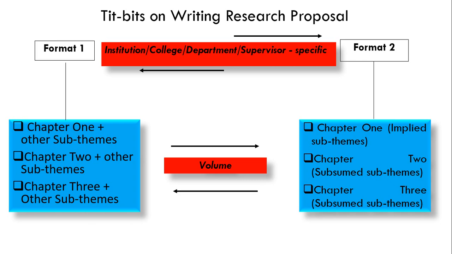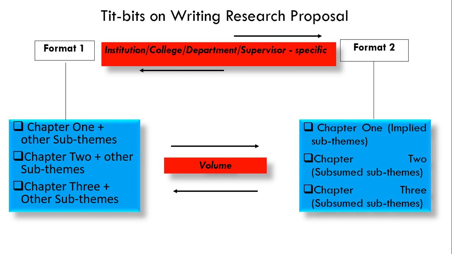Now, this format 1 expects you to expatiate on the proposal you are dealing with. And of course, like we said, it is college, institution, department, and sometimes supervisor specific. And going forward in format 2, just as we've said earlier, format 2 also comes with chapter 1, chapter 2, and chapter 3.